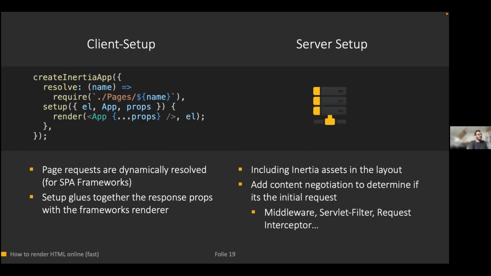Server setup is also pretty easy, in air quotes. You need to make sure that all Inertia assets are loaded in your app shell for sure. And then you need to find a way to implement this content negotiation. Usually, for example, in Express, you would write a middleware, in Java some servlet filters, and I think in the Laravel world it was called request interceptors.